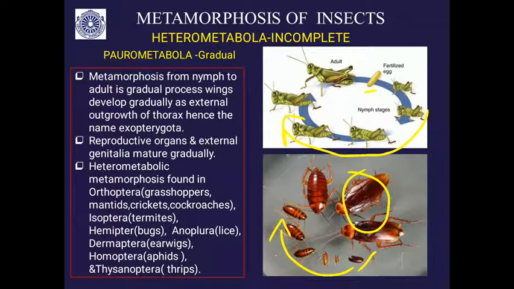So they are Hemiptera. Anoplura, they are lice, head louse, you know that. Then Dermaptera, these are earwigs. Homoptera, aphids, plant lice. Then Thysanoptera, thrips. All these show heterometabola or paurometabola, gradual or incomplete metamorphosis.